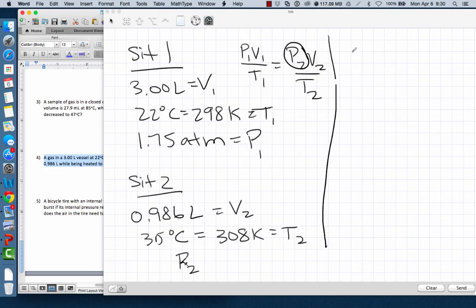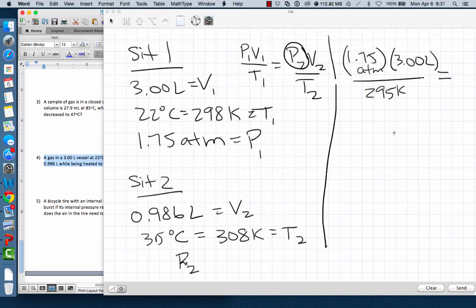So we have 1.75 atm times 3.00 liters over 295 Kelvin equals P2 times 0.986 liters over 308 Kelvin.